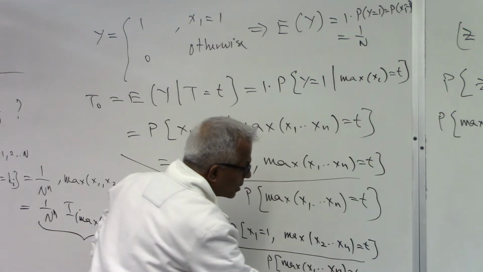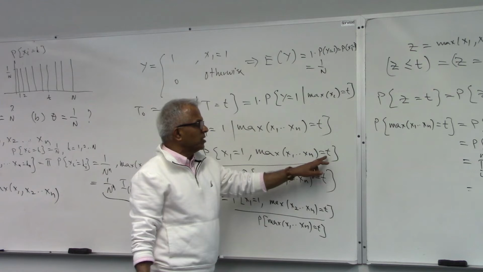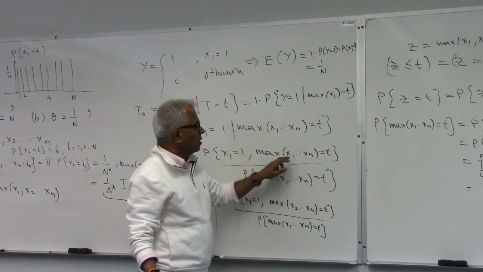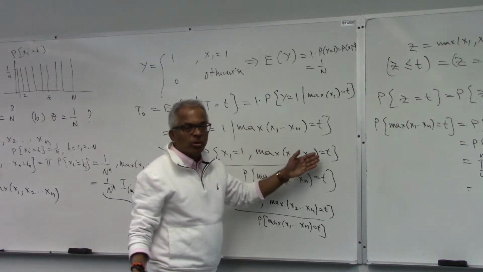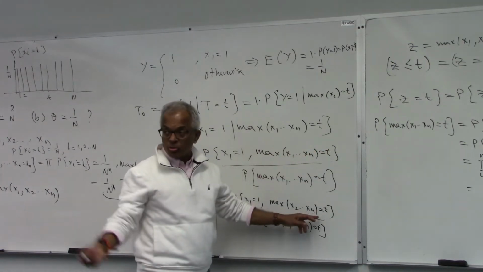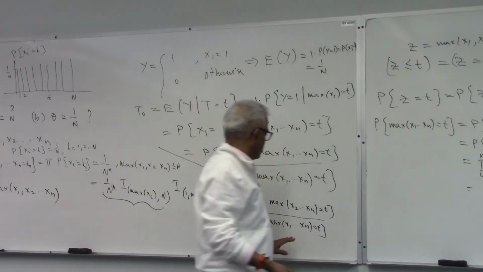If you want, you can write two conditions: when t is 1 and when t is greater than 1. When t is 1, if the maximum is 1, then all of them are 1. If t is greater than 1, then what you said is true. But in both cases, the result will turn out to be exactly the same.